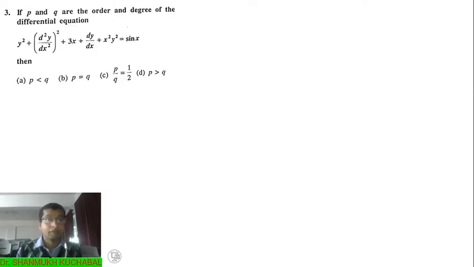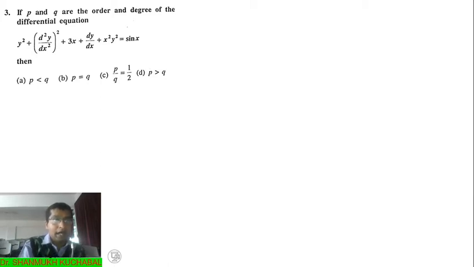Next, if P and Q are the order and the degree of the differential equation, y square plus d square y by dx square whole square plus 3x plus dy by dx plus x square y square equal to sin x, then we have to find order and degree.